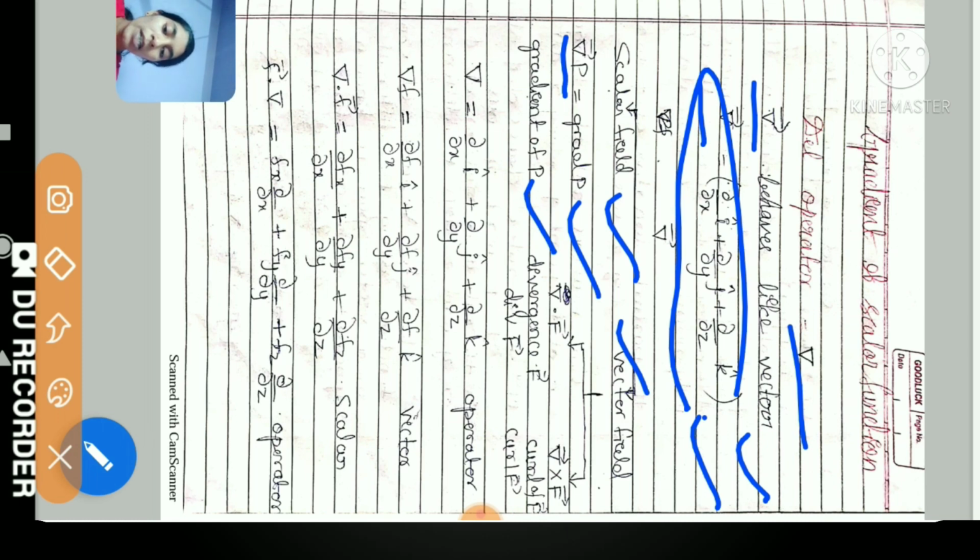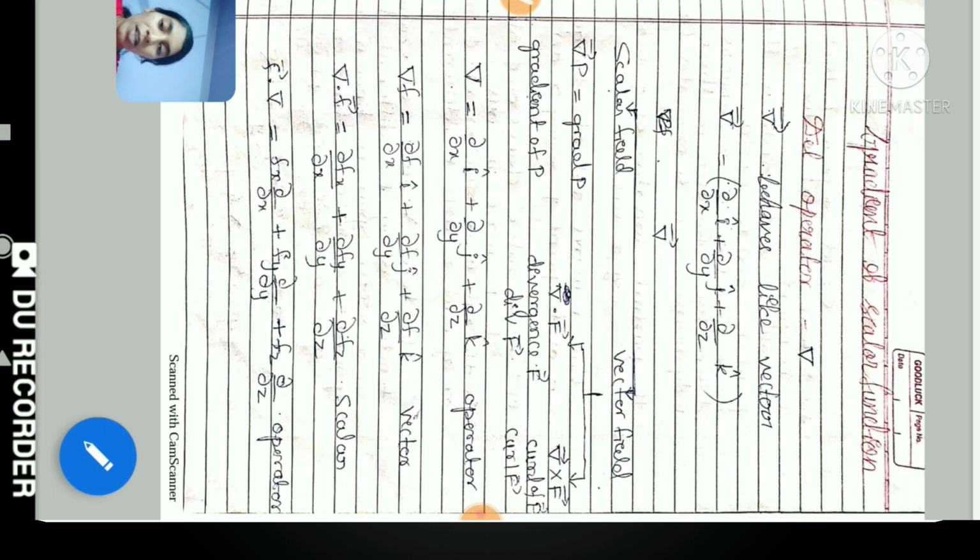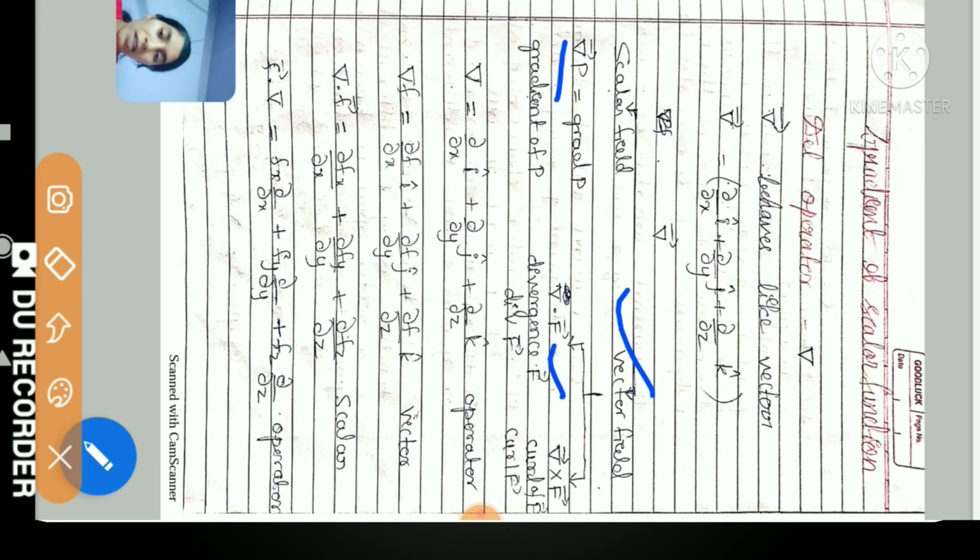The next one is the vector field. In the vector field, del dot f is different from the previous case, which was simply the multiplication with the function. Here del dot f is the dot product of the function with del, which is known as the divergence of f, written in the simplest form as div f.